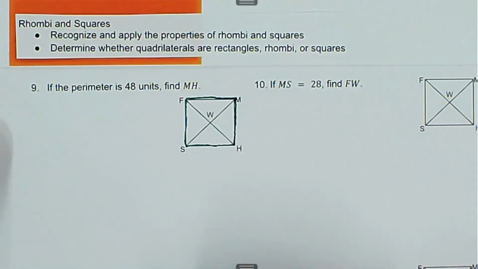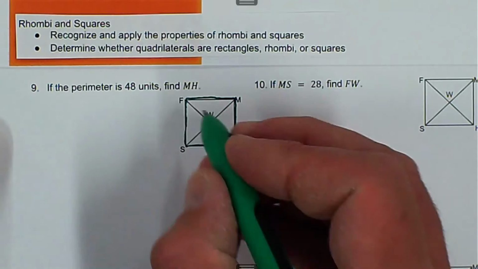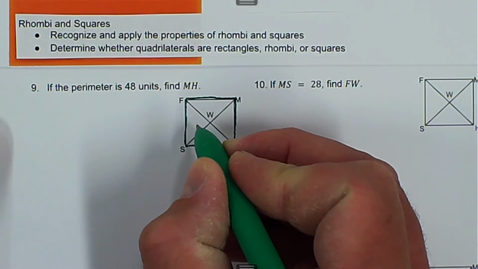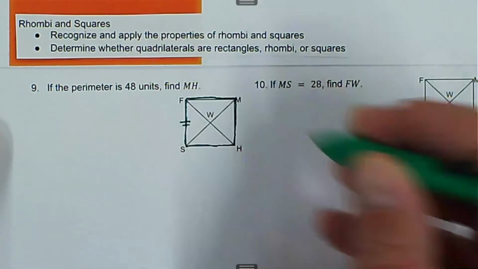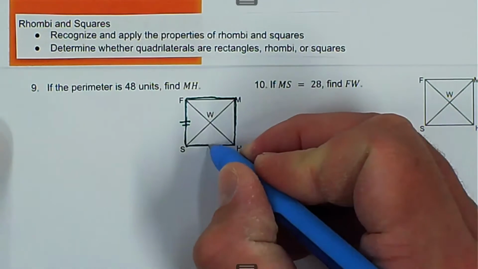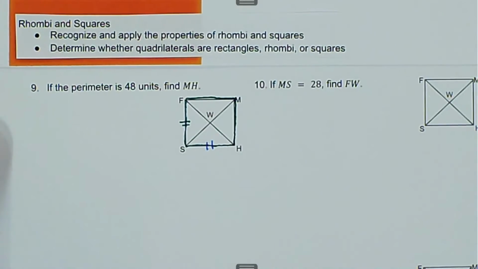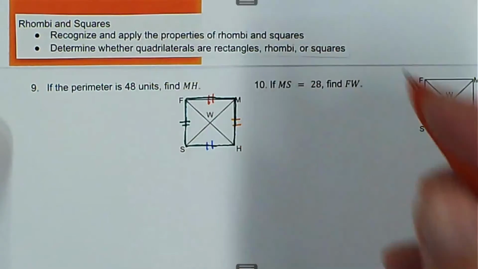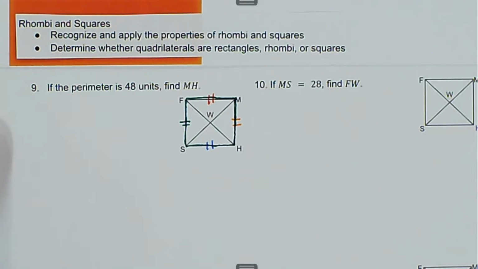So that is all the exterior sides added together. One thing that we know about all the exterior sides is they are all congruent. So FS is congruent to SH, is congruent to HM, is congruent to MF. So we can write that down.